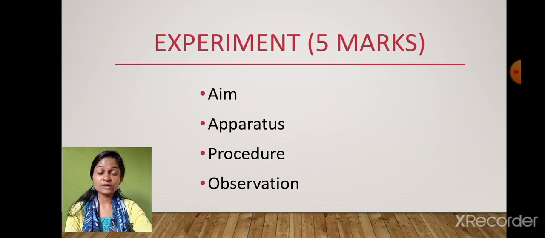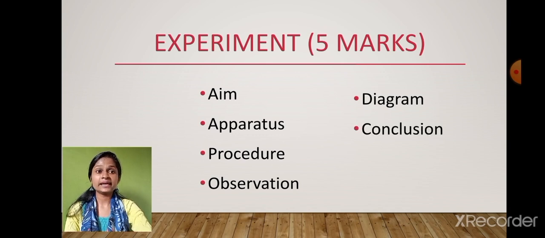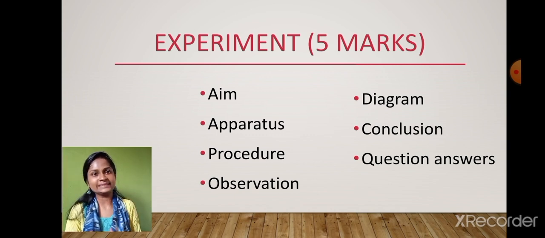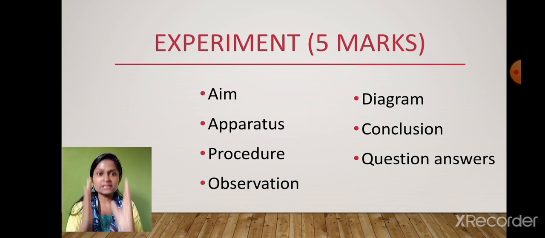Write down the observation of this experiment, then draw the diagram, then write the conclusion. After that, copy down the 3 questions I just gave you and write the answers as well.